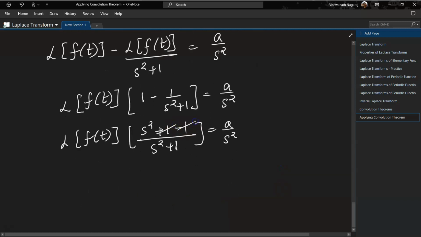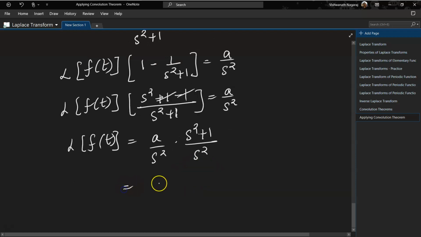Now this and this cancel out, and now let's take this to the other side. So it is equal to a by s square times (s square plus 1) by s square, which is equal to a times (s square plus 1) divided by s to the 4.